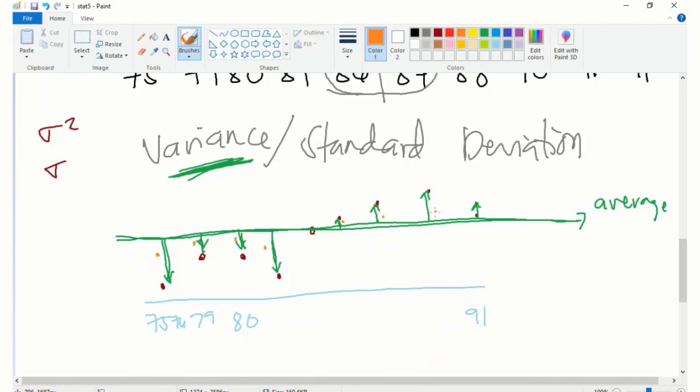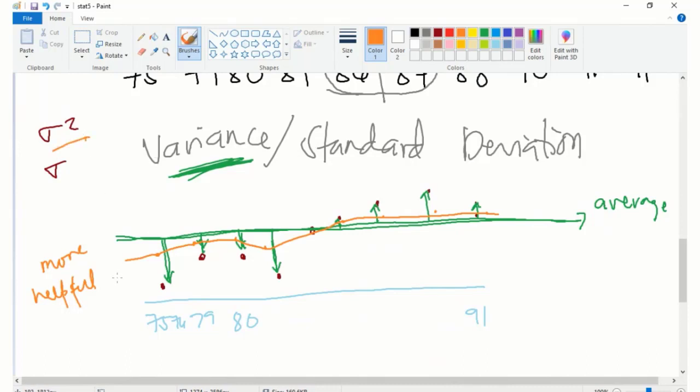Maglapit siya lalo sa ito, no? Ito yung mga ganyan. Yan na siya ngayon. Yan ang ating standard deviation, no? At mas makita mo na malapit siya sa average. And most of the time, this is more helpful than the variance, kasi mahirap sometimes ang data na titingnan mo pa yung kalayo ng variance.